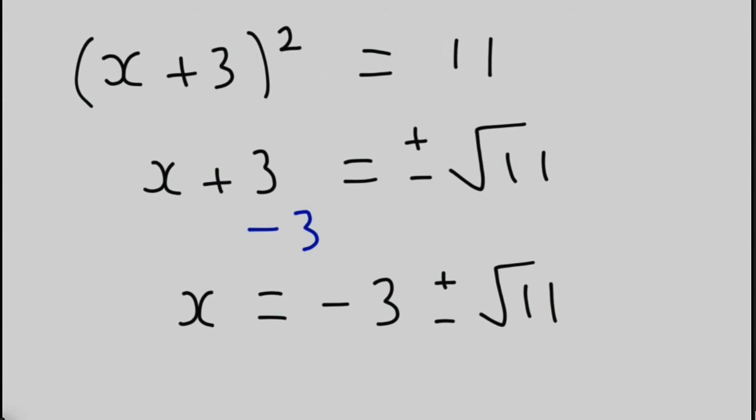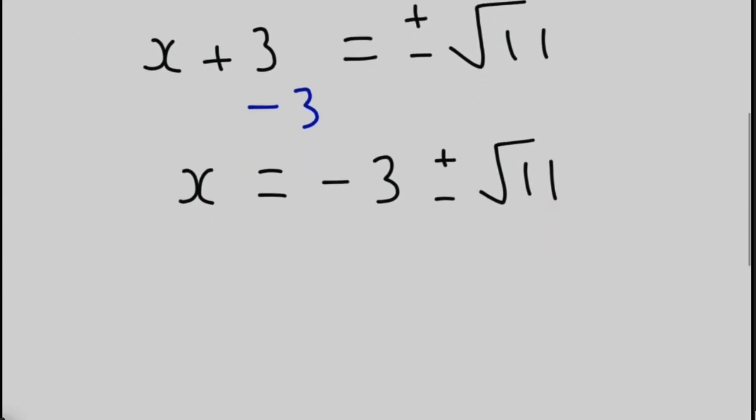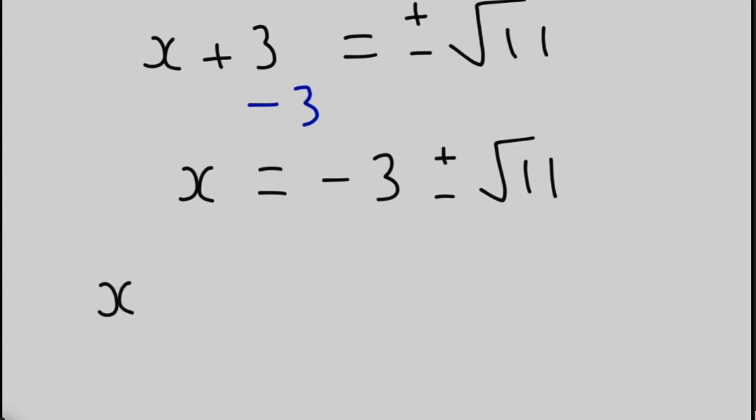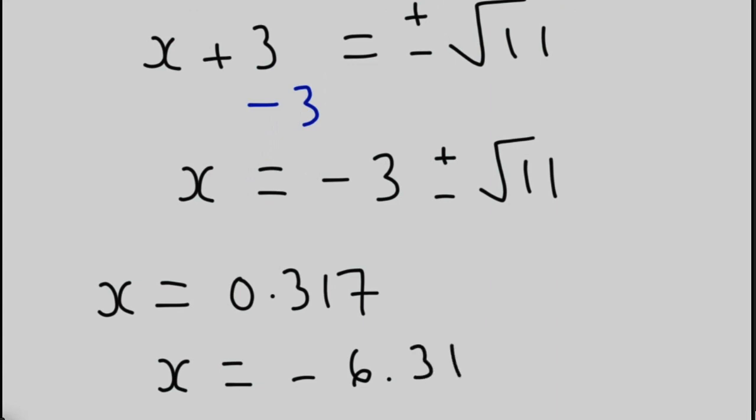In one case you would put minus 3 plus the square root of 11 and get an answer, and in the other case you do minus 3 minus the square root of 11. The two answers you would come out with are that x is equal to 0.317, or x is equal to minus 6.317.